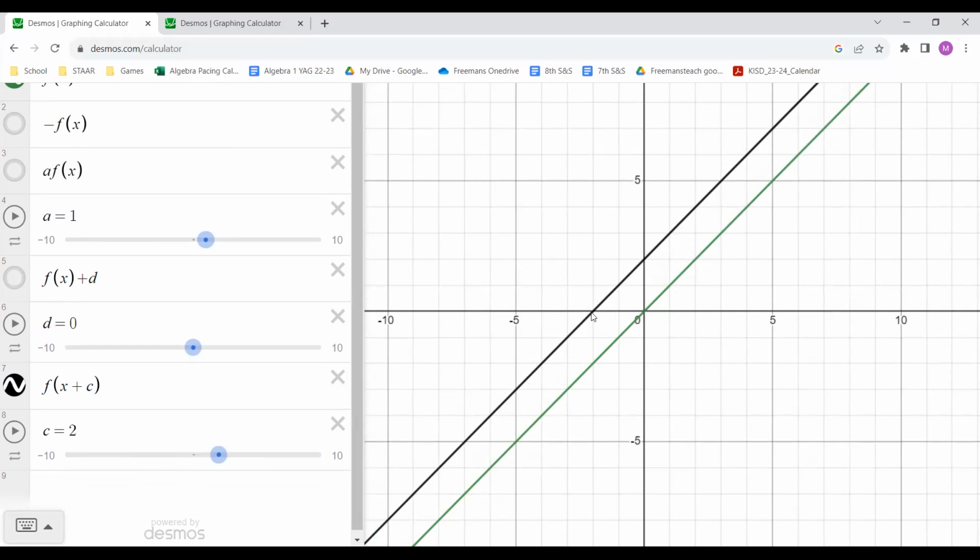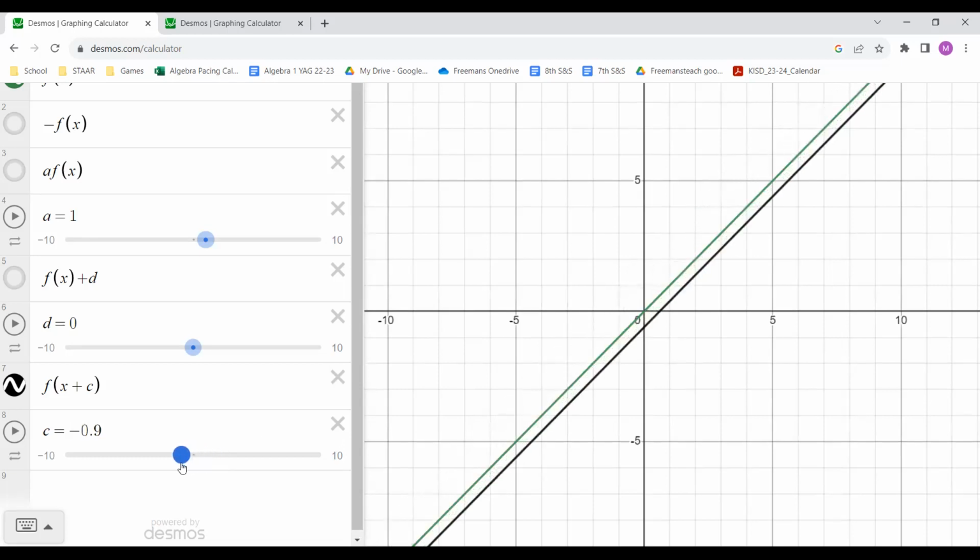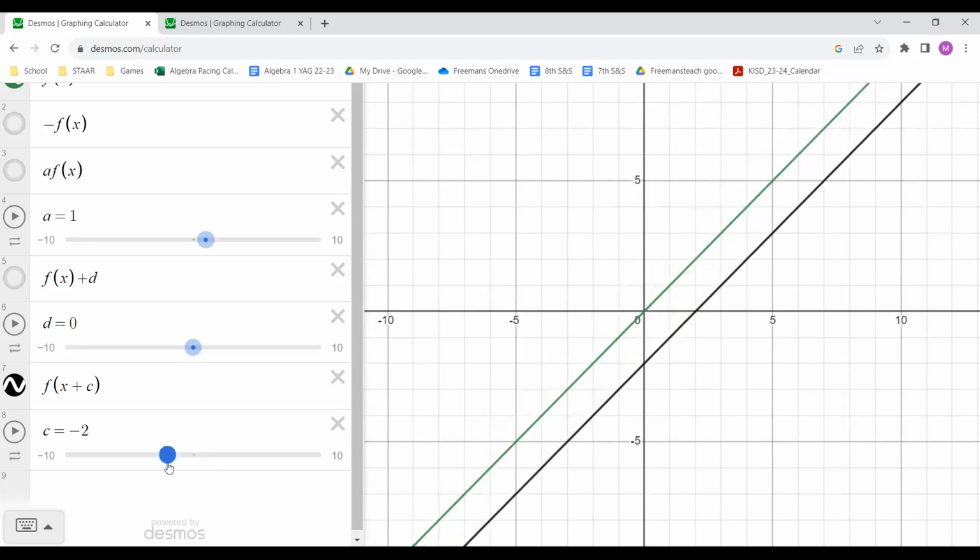To me, that seems the opposite, because I know plus 2 is over here on my x-axis. When I added 2, it shifted my graph to the left 2 spots. Let's see what happens when I get a negative 2. When I make a negative 2, it goes to the right 2 spots. So it's always the opposite of what I think it's going to do.